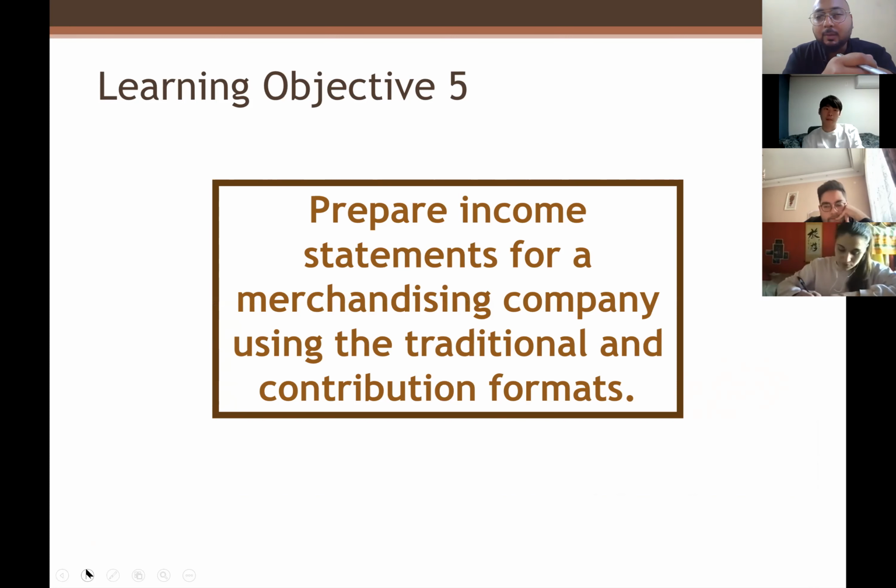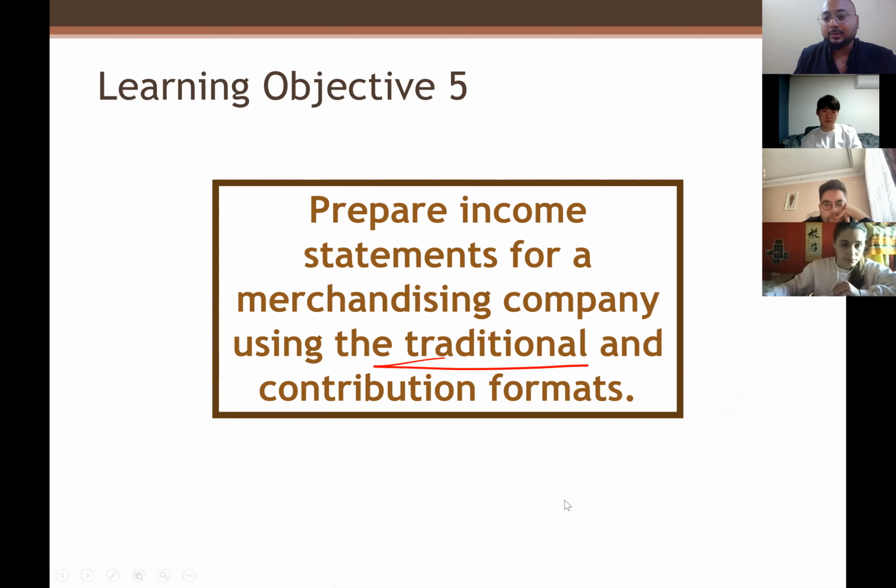Now, our fifth learning objective is to prepare income statements for a merchandising company using traditional and contribution margin format. So traditional format, we already know through accounting: sales minus cost of goods sold, gross profit, minus selling and admin, we find out net operating income, and then taxes and interest, we find out the net income.